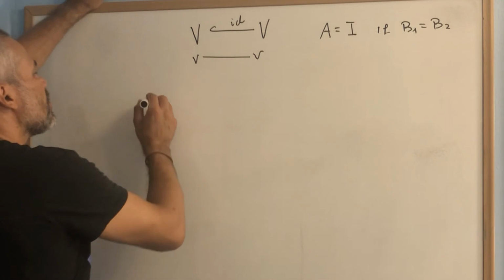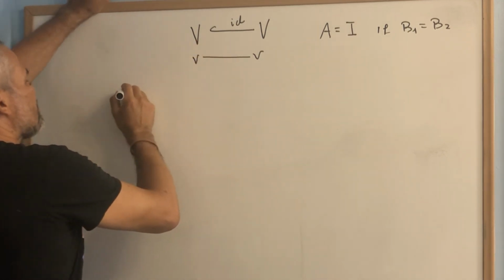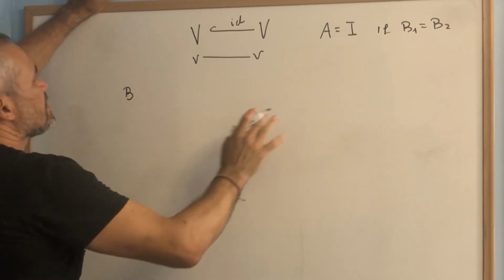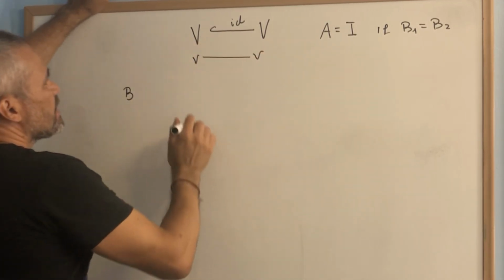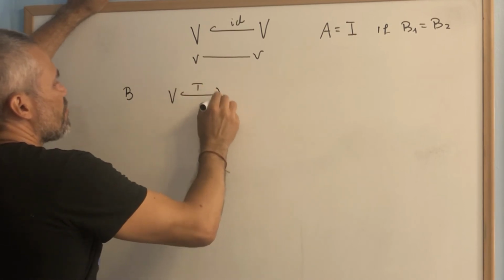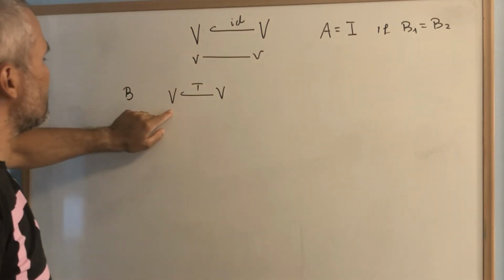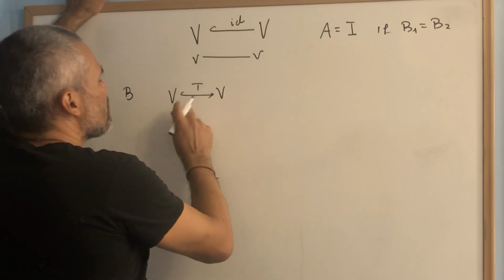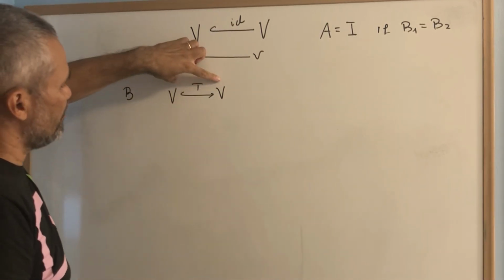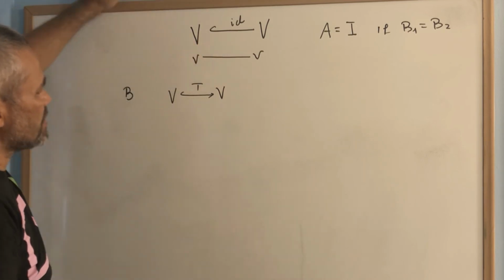Then let's suppose that we have only one vector space, and let's suppose that we are only considering one basis for the domain and the codomain. And let's suppose that we have a transformation T from B to B, and that this transformation T is injective and surjective. That means that it has an inverse.